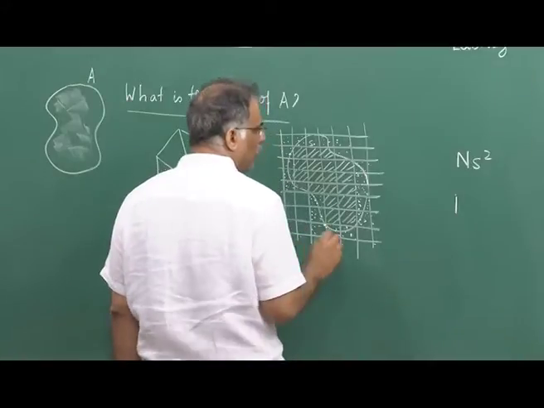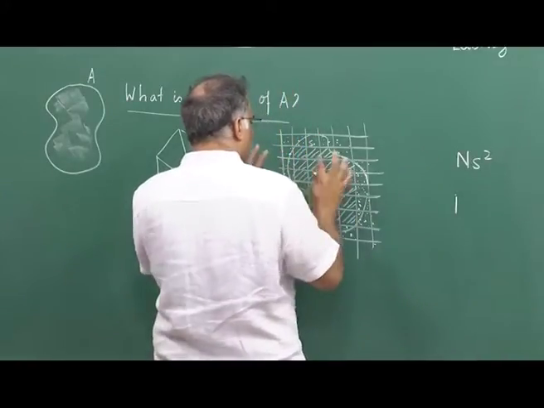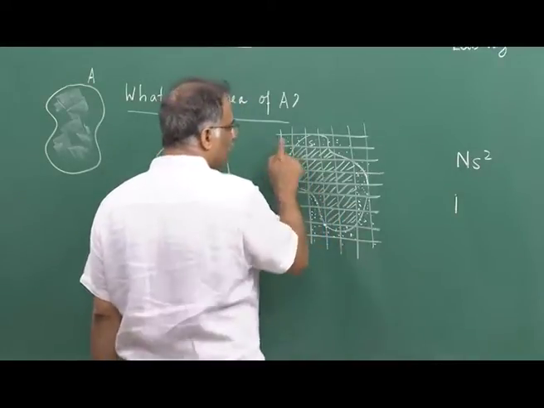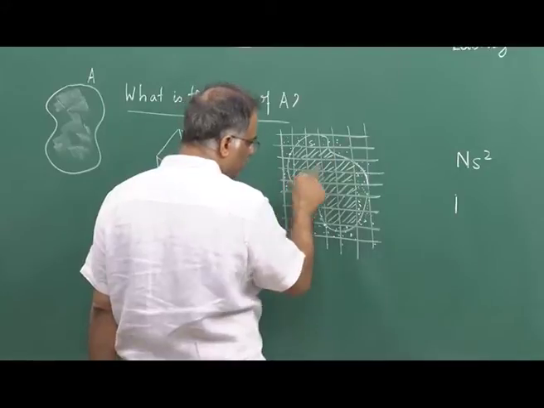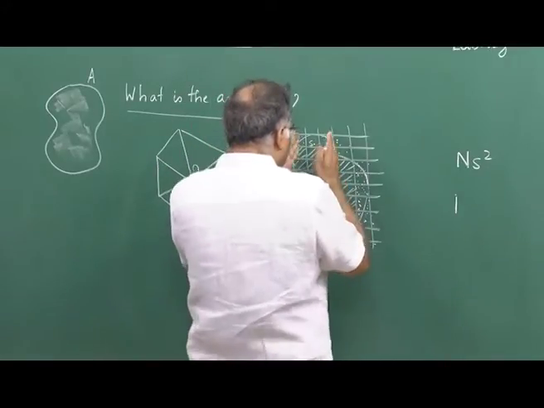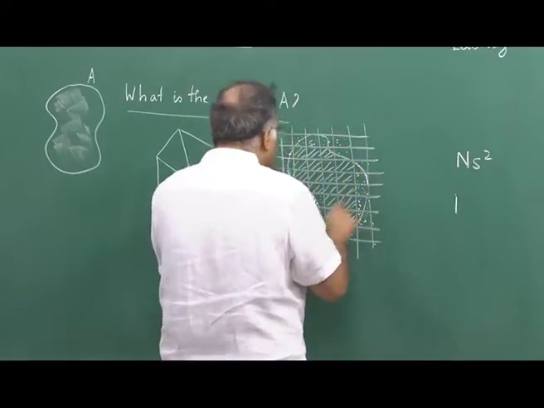So, now let m be the total number of blocks, that is both the dotted region and the region which is already inside. So, I consider those which are already inside and those which are inside plus those which are overlapping.